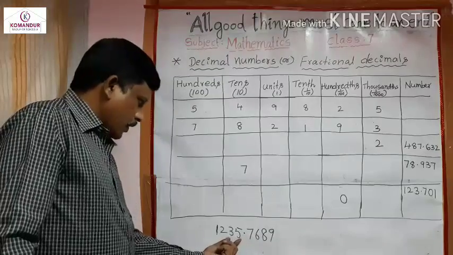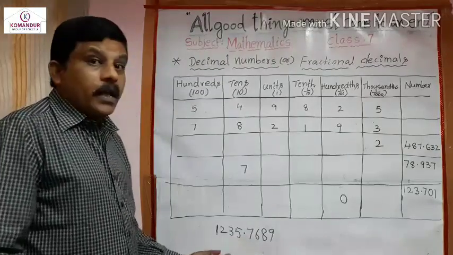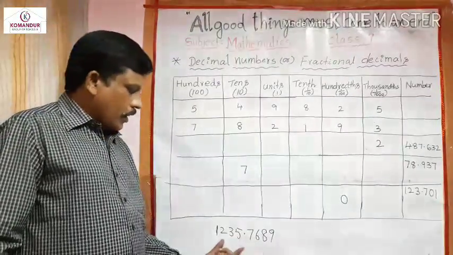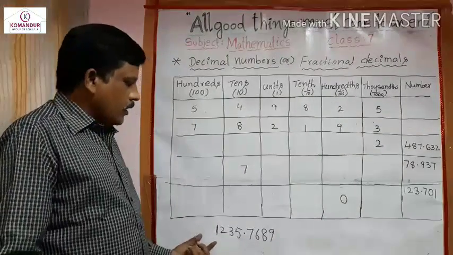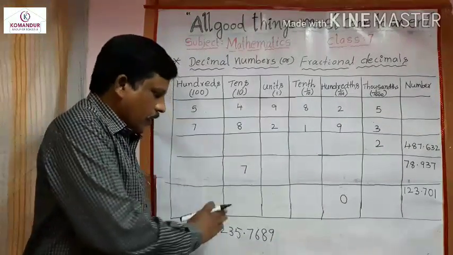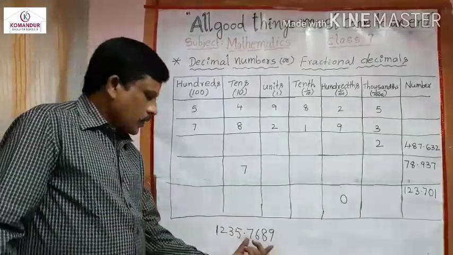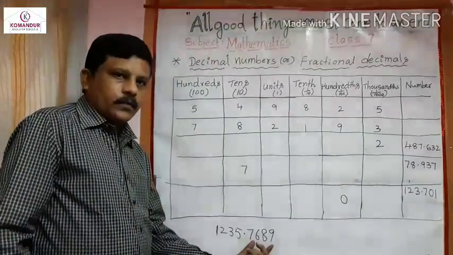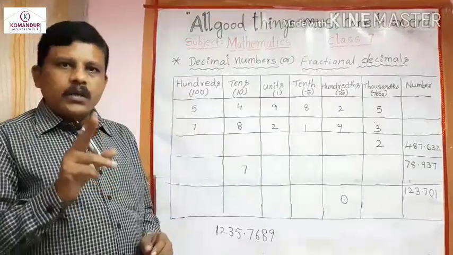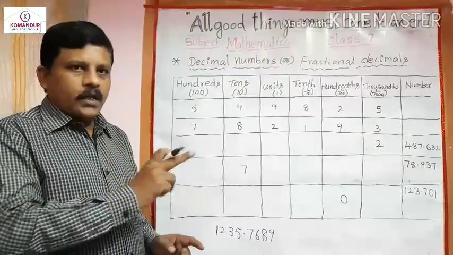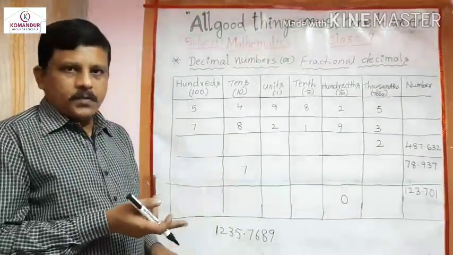The left side of the point is called the integral part. What is this? Integral part. So the left side part is integral, and the right side is the decimal part. So every decimal number has two parts: one is the integral part, another is the decimal part.